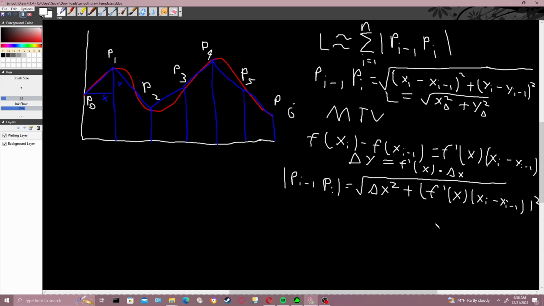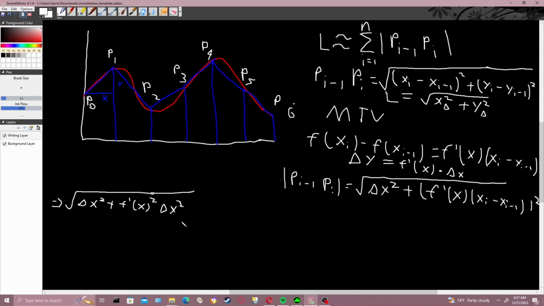And this is all squared. So now we can write this as the square root of the change in x squared plus f prime x, and then this xi minus 1 squared is the change in x again, change in x squared.